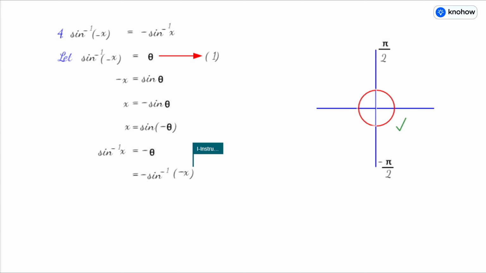So you find that sine inverse x is negative theta, and theta from the back can be replaced by sine inverse of negative x. Shift theta to the left, and that gives you negative sine inverse x equal to sine inverse of negative x, or sine inverse of negative x is negative sine inverse x. So that is the proof of property 4, first part, and similarly we can prove the other two parts.